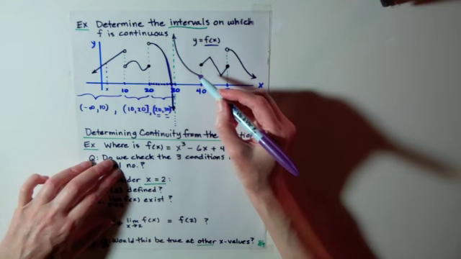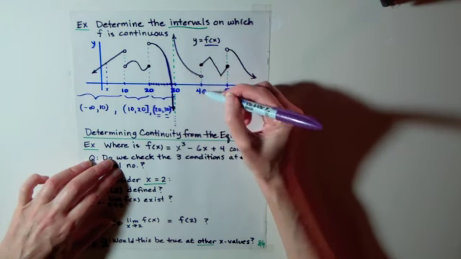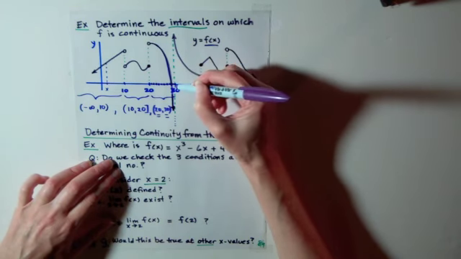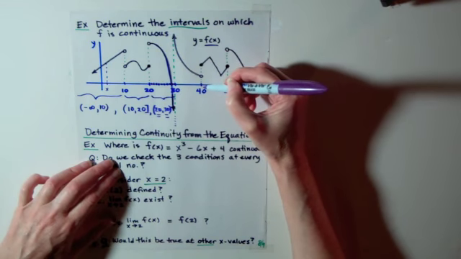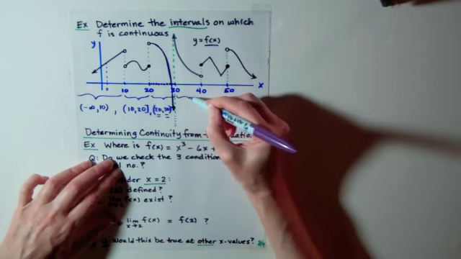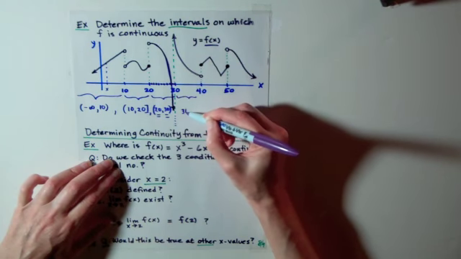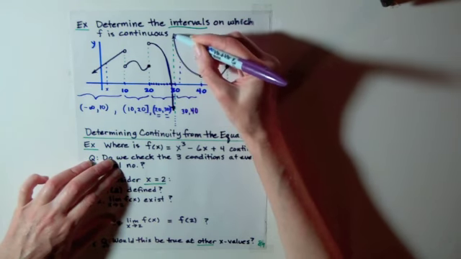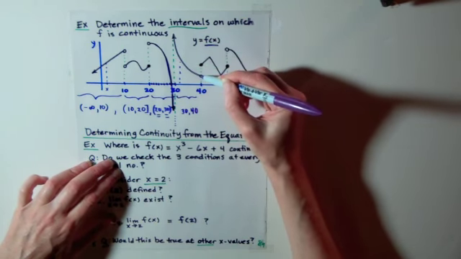Okay, the next discontinuity would be at 40. It looks like it's a jump discontinuity. So we have an infinite discontinuity at 30 and a jump discontinuity at 40. And so I can see that my graph is continuous for every x between 30 and 40.